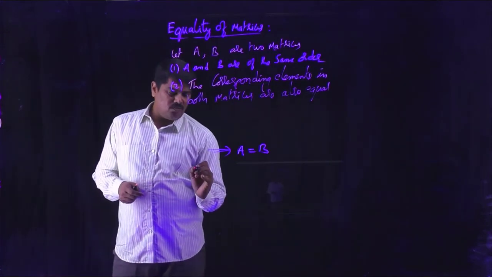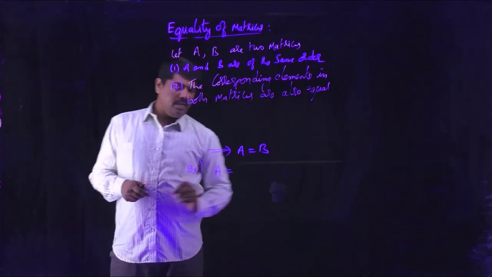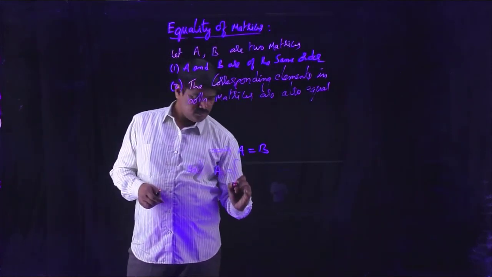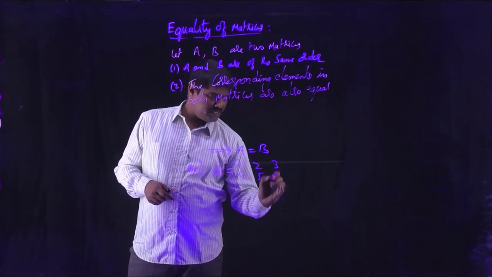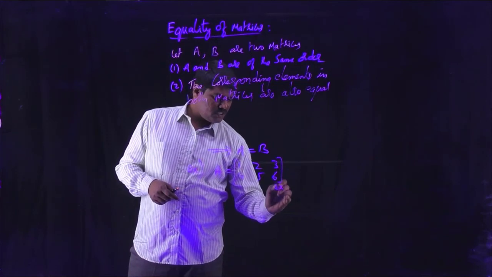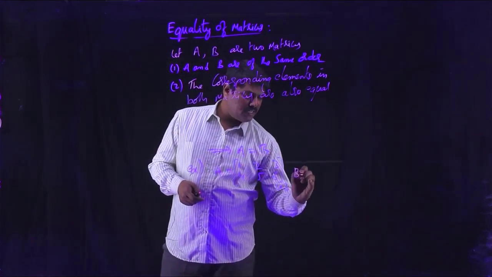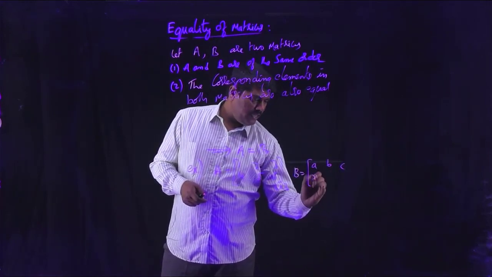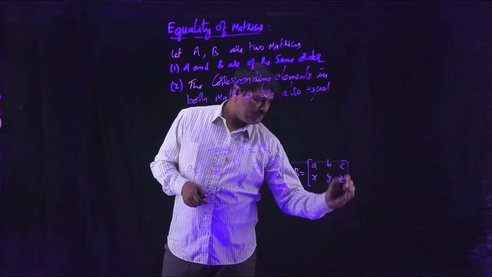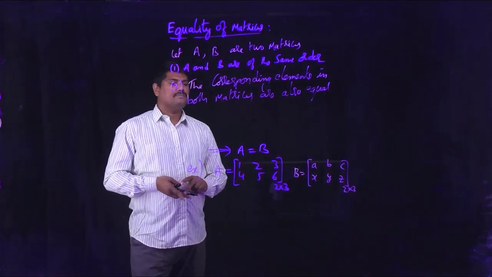Let me explain one example. Here A is equal to 1, 2, 3, 4, 5, 6. This is a matrix of order 2 by 3. Let us consider another matrix B, with elements a, b, c, x, y, z. This is also a 2 by 3 matrix.